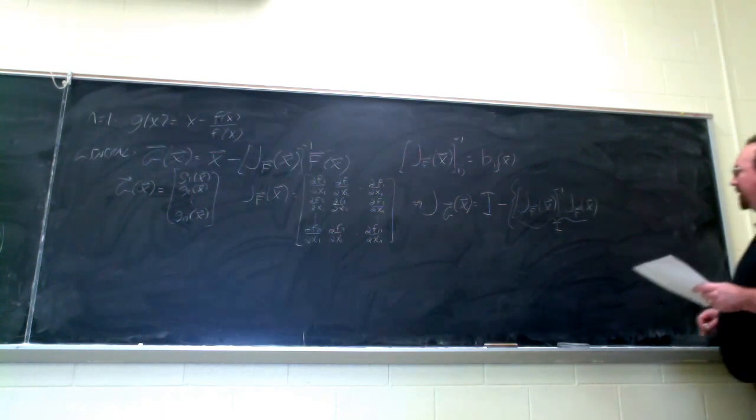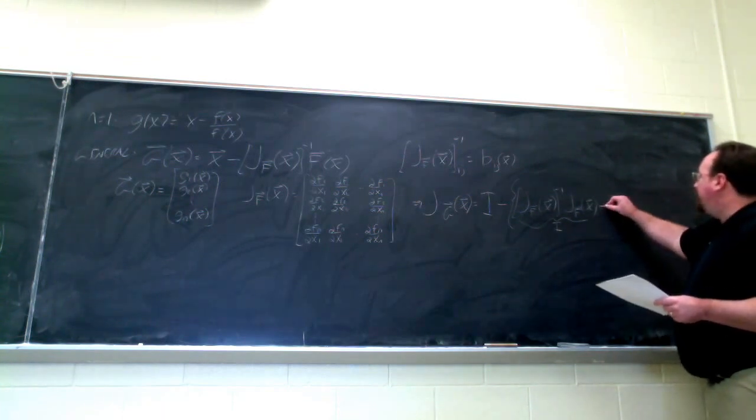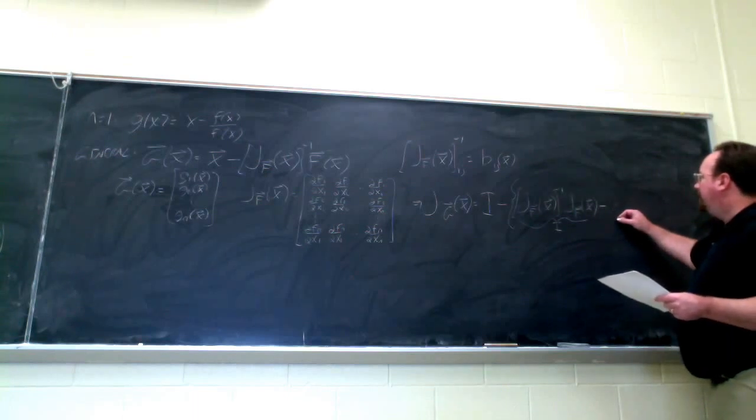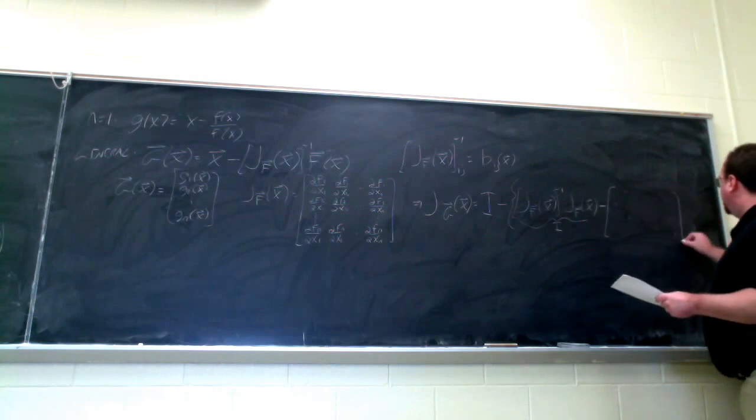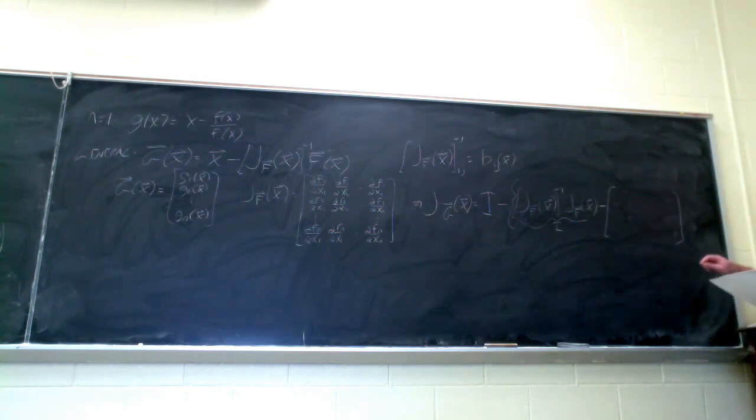I'm going to write it in the simplest format I can, which is still not very simple. I'm going to indicate what matrix this is by entry. So I'm going to show you the ik entry of this matrix and try to express it as simply as possible.